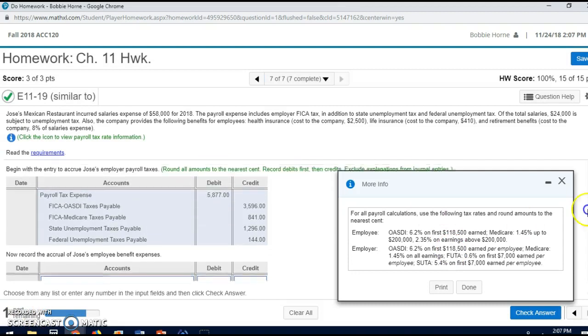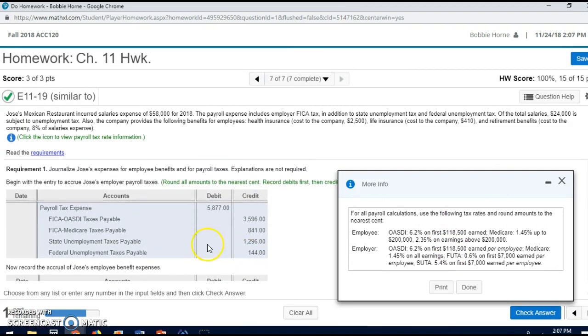Okay, so for the first entry, I already calculated it, and what I did was I took the amount of salaries expense, $58,000, and I times it by 0.062 and got $35.96. And then for the second one, I did the 58,000 salaries expense times the 0.0145.